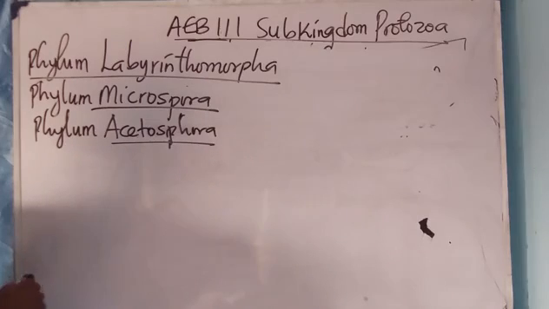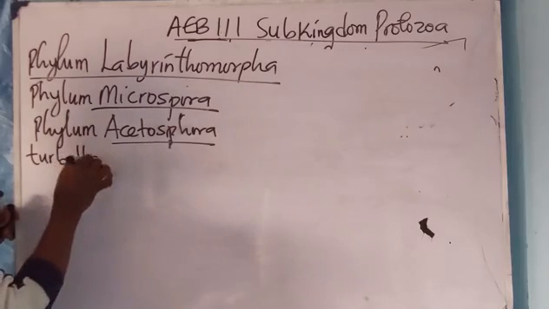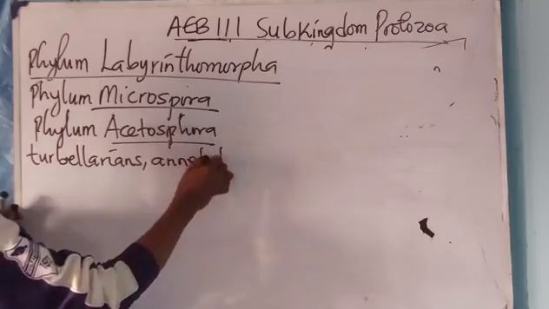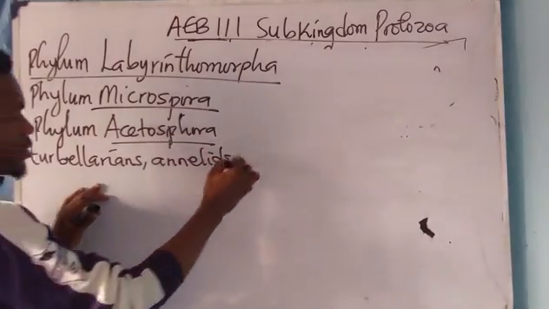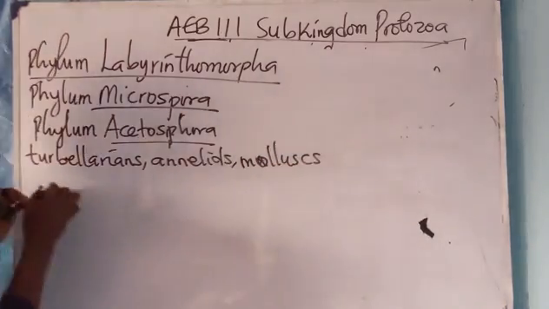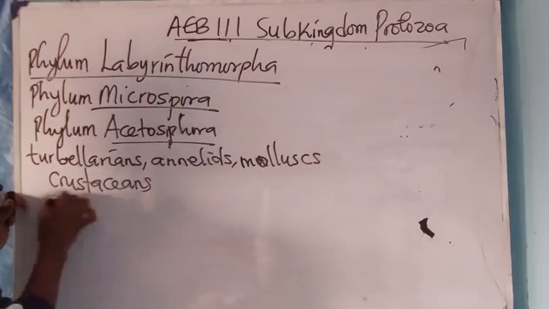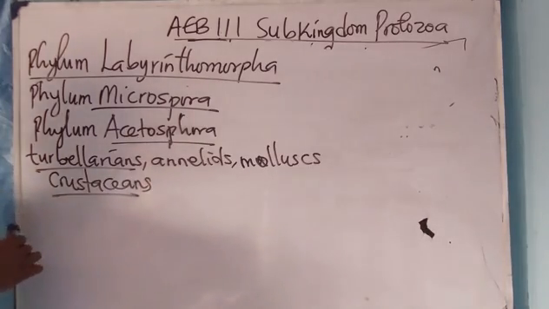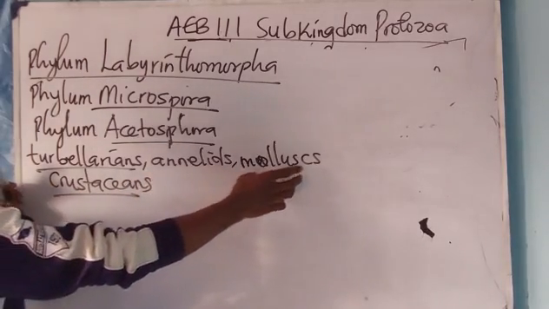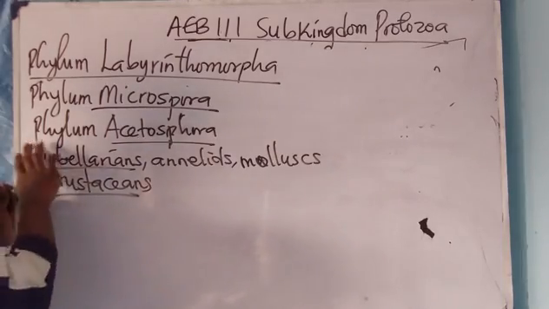They are the parasites of tubularians, annelids, mollusks, and crustaceans. They are the parasites of tubularians, which are the dugesiaceous, that is planaria, annelids, earthworms, mollusks, which are the snails, and crustaceans. Okay, they are all parasites of these organisms.